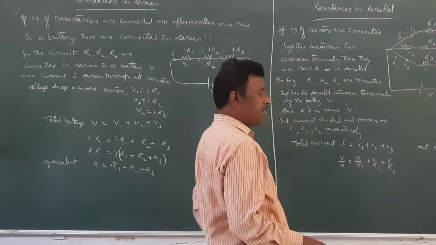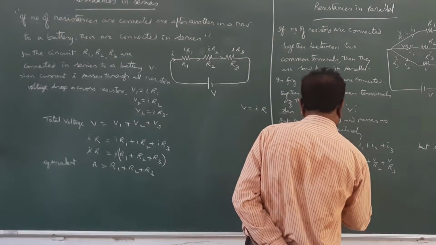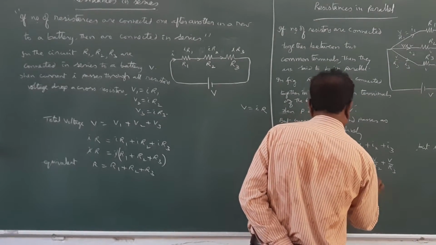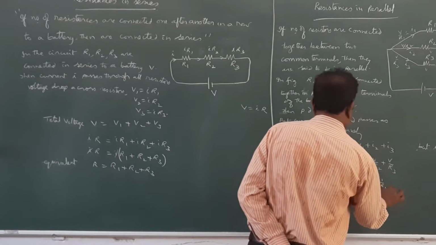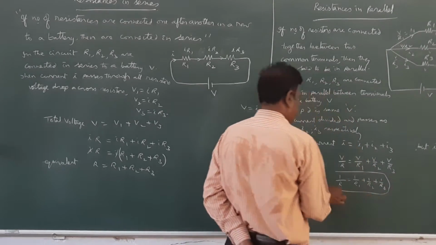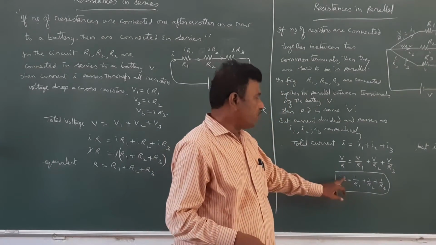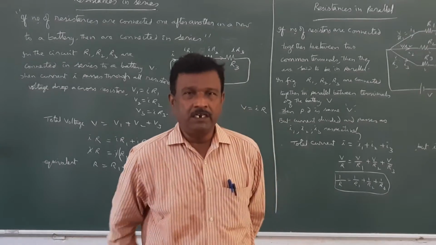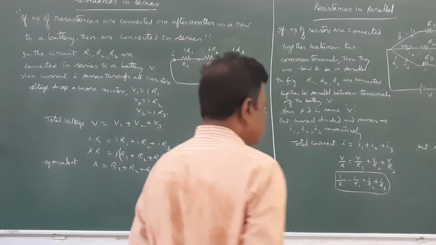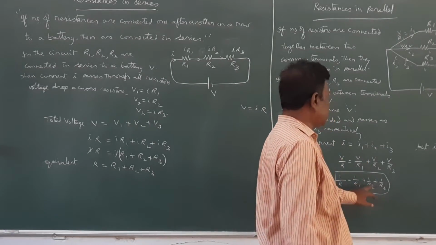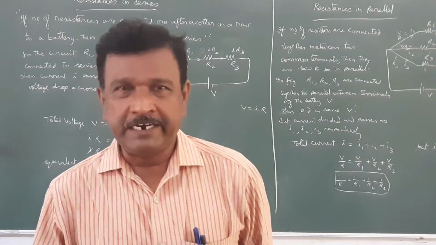Therefore, V is common across all of them. Therefore, 1 by R is equal to 1 by R1 plus 1 by R2 plus 1 by R3. Therefore, reciprocal of equivalent resistance is equal to the sum of reciprocals of all resistors which are connected in parallel.